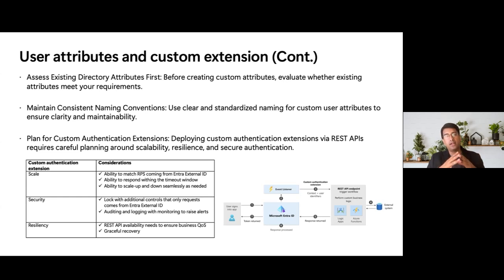The other thing is the overall resiliency that I was talking about. This is something you should really think about from other aspects. This REST API will exist outside External ID, so what does resiliency look like? What is the uptime? What is the quality of service? And the most important thing is that when you make these calls, a graceful recovery is required.